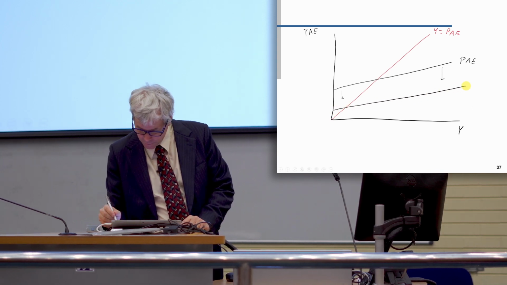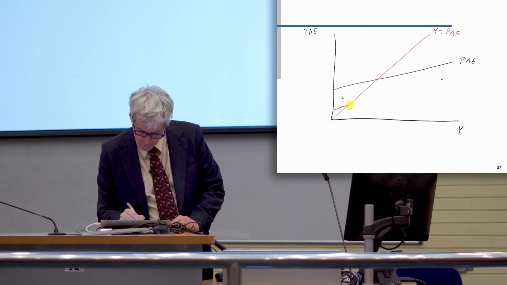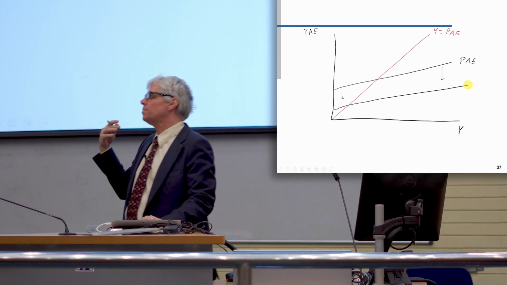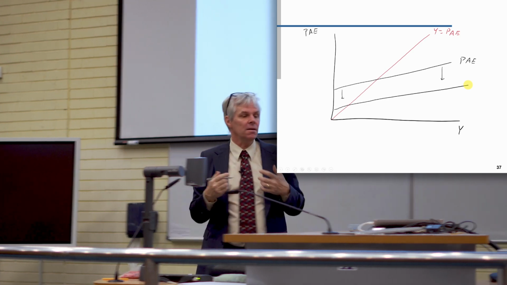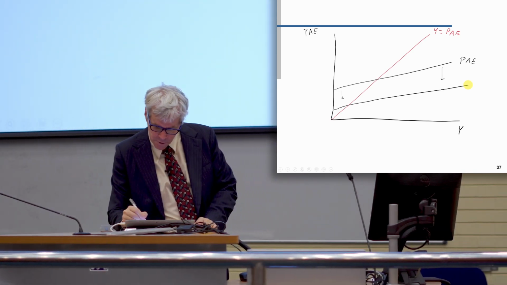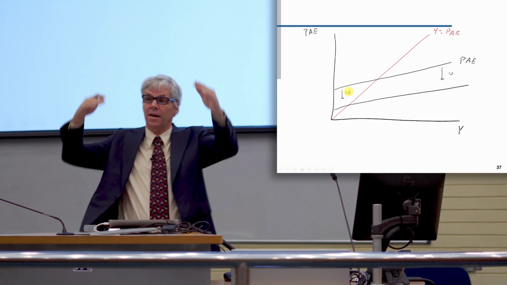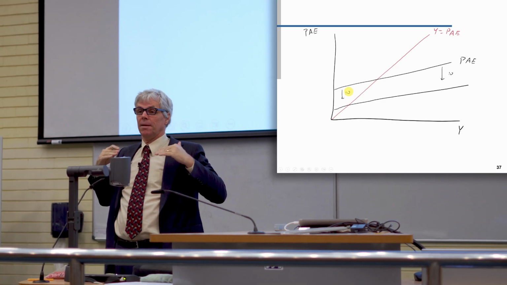Parallel, parallel. Okay. That is, if autonomous expenditure fell by 10, this distance here is 10, and this distance here is 10. At any level of income, they decrease their spending by 10.